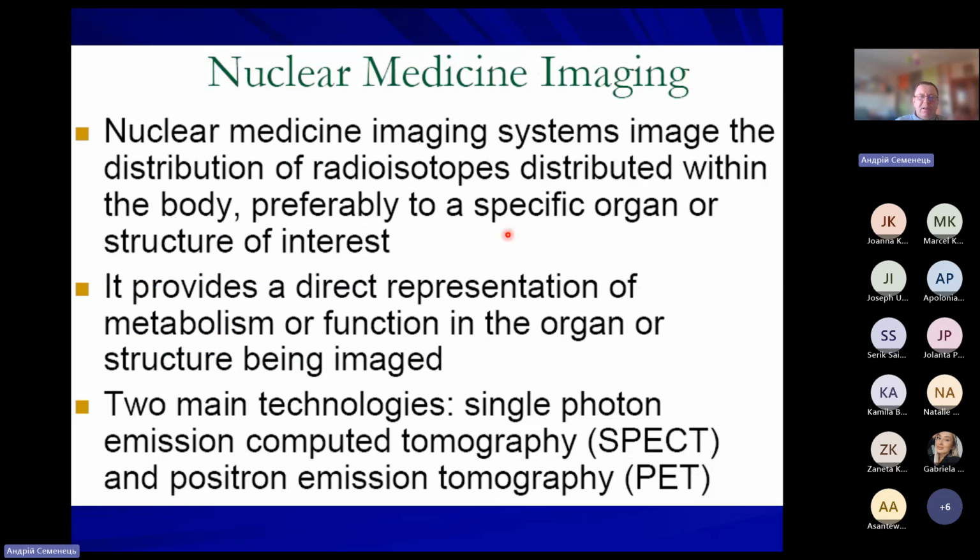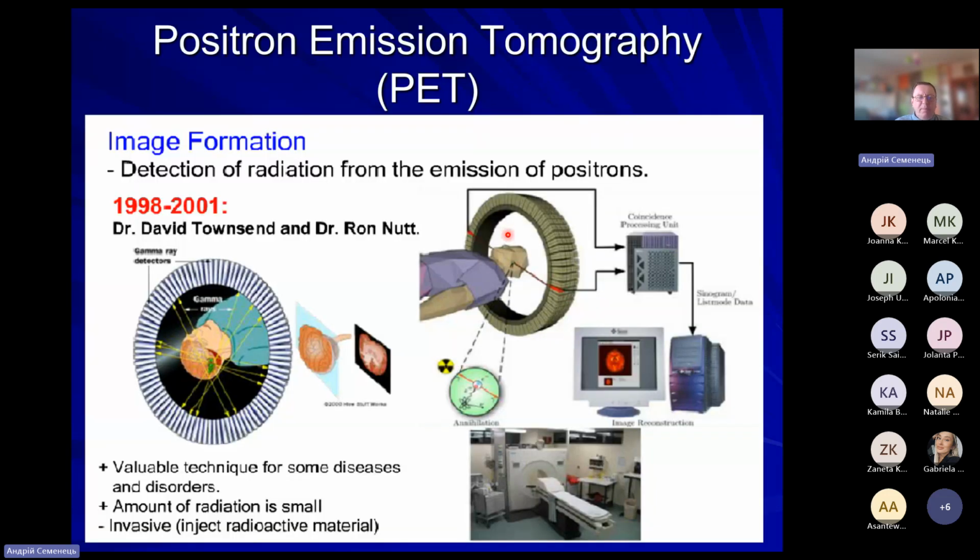Same idea with nuclear medicine imaging, which registers the distribution of radioisotopes within the human body. It's also very useful for visualization of metabolism and function in organ structure. So SPECT and PET tomography, single photon emission tomography, have been used.